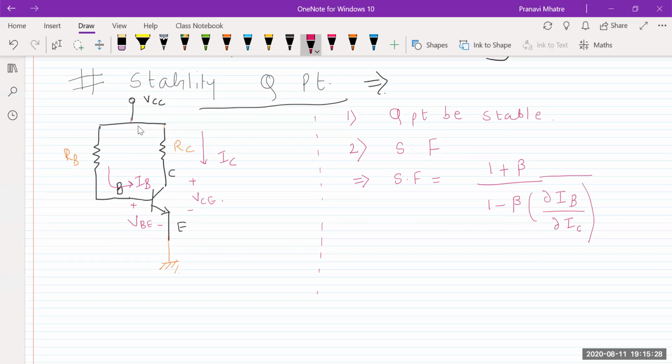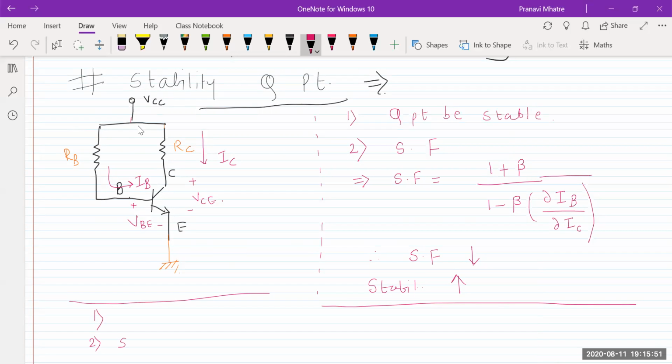We don't want change in the Q point, so my stability factor should be as low as possible, but my stability should be high. The conclusion is: I want the Q point to be stable and the stability factor to be as low as possible.